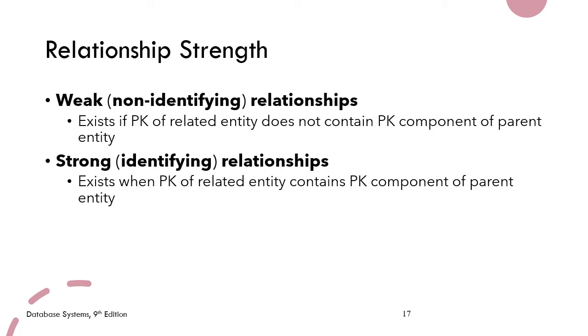Okay. Relationship strength, weak and also strong. Previously we had the strong and weak entity. Here it is the same. The relationship also can be weak or strong. The weak one is usually denoted by a dashed line, and the strong is denoted by a solid line.